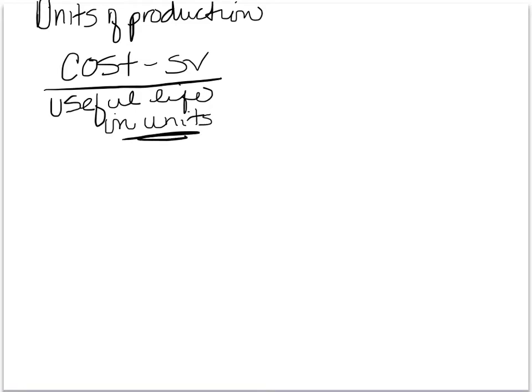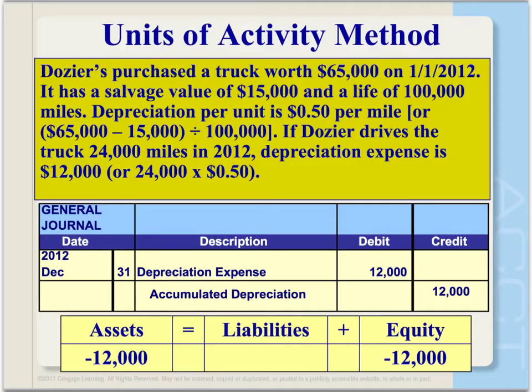So let's go ahead and take an example on the next page. Here, using the units of activity method, we purchased a truck worth $65,000 on 1/1/2012. It has a salvage value of $15,000 and a life of 100,000 miles.